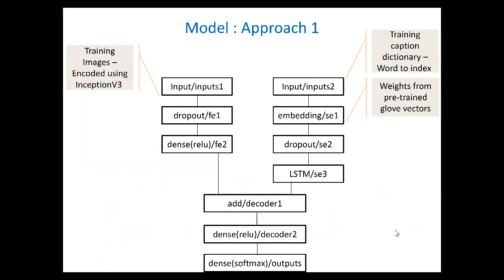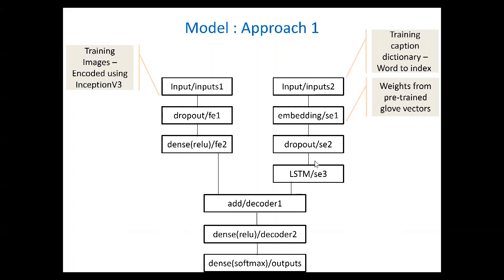The first model architecture, for approach one, was like this, where all the encodings were coming in here. Then I had a dropout layer and a dense layer. Similarly, on the other side, I use GloVe vectors, which have pre-trained weights on this embedding layer. For the captions in the training database, I created a word to index dictionary, which came here.